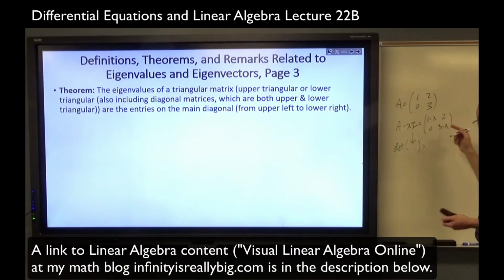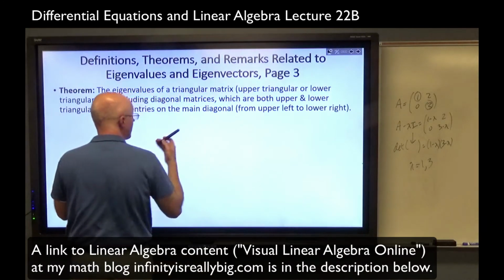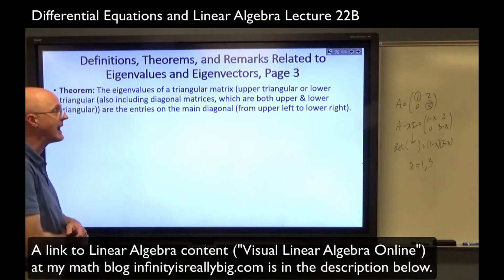But the product of those two is 0. It's already factored. The eigenvalues are 1 and 3, the entries on the diagonal. And it works in general for n by n triangular matrices.